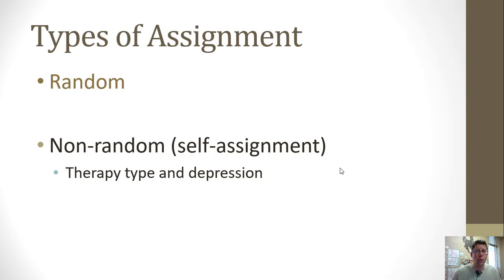Now you don't know, when you get your results and find the cognitive therapy lowers depression more than humanistic, is it the therapy that mattered, or is it the self-selection? That the more savvy people, the people that knew more about therapy, entered into cognitive therapy. So you don't know: if you know more about therapy, maybe it's more effective, or was it the therapy type? So you've created a confound anytime you have non-random or self-assignment.